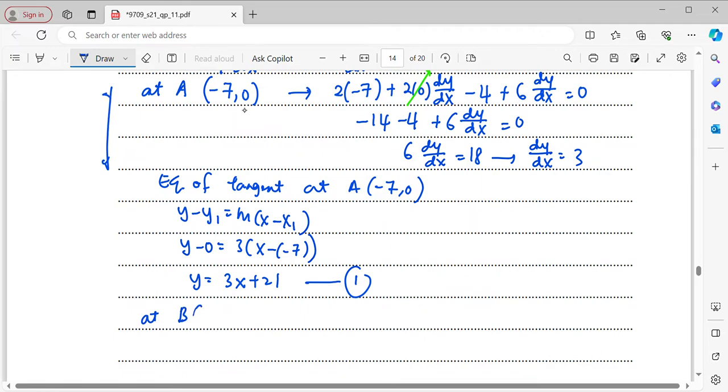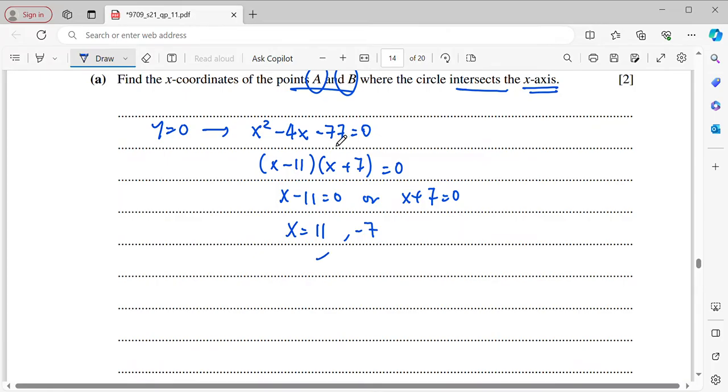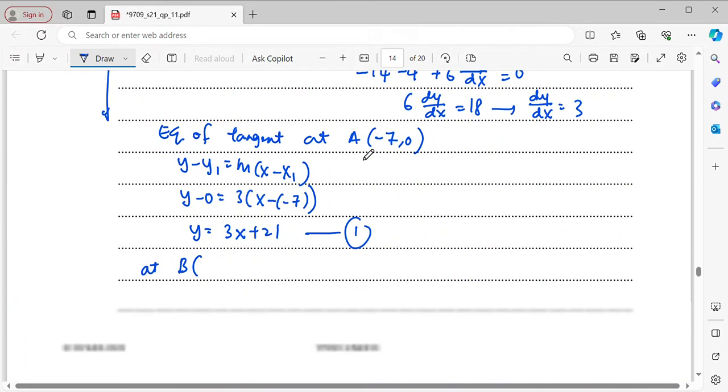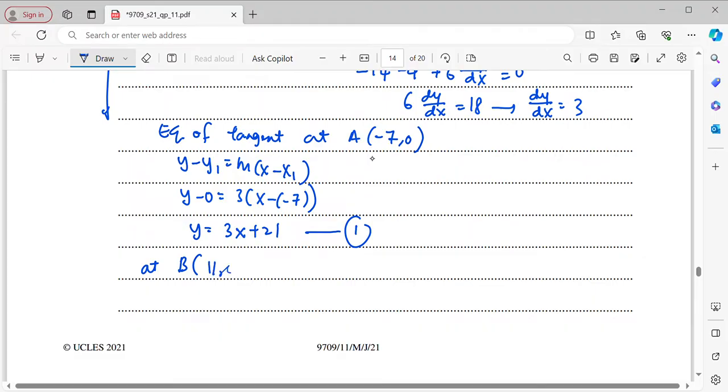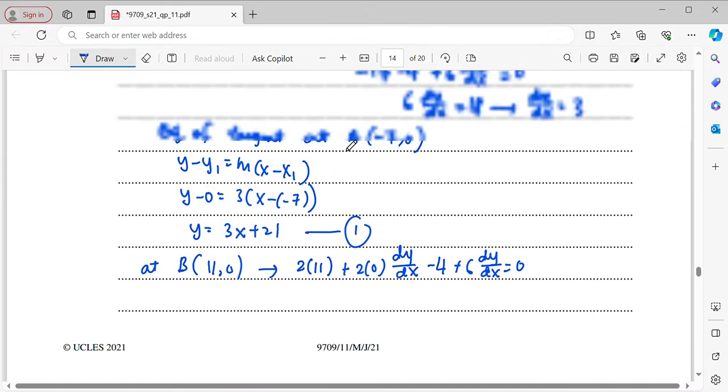Okay, so at B, just now we have found the x-coordinate. Another x is 11. So I let it be the point B with coordinates 11, 0. Then I will just substitute into this equation: 2 times 11 plus 2 times 0 dy over dx minus 4 plus 6 dy/dx equals 0.